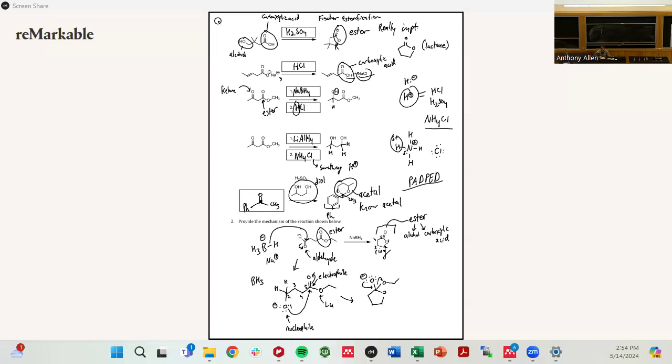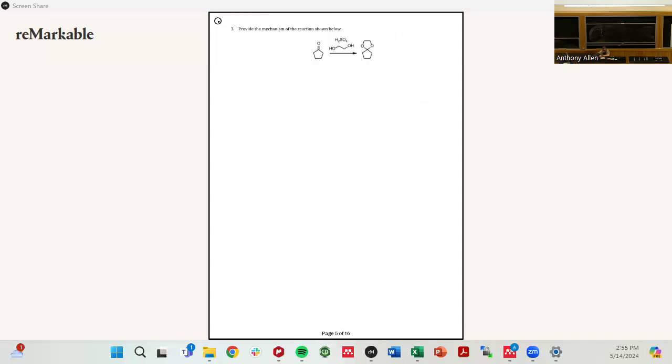So now, those two arrows show that, then it would be plus O minus over there. But we only really care about the lactone, or the ester. Okay.